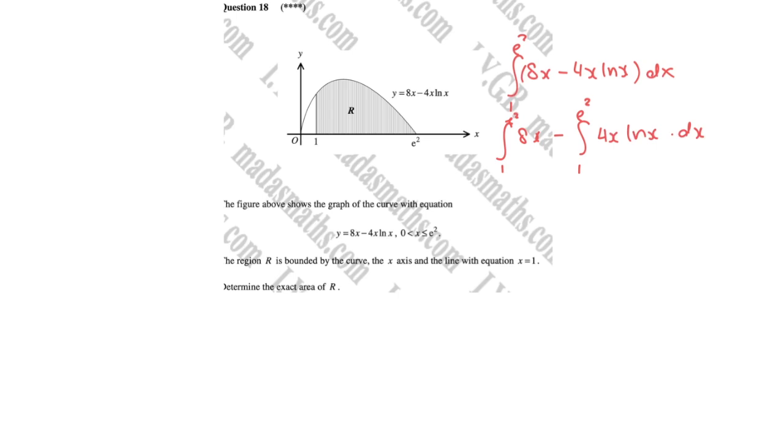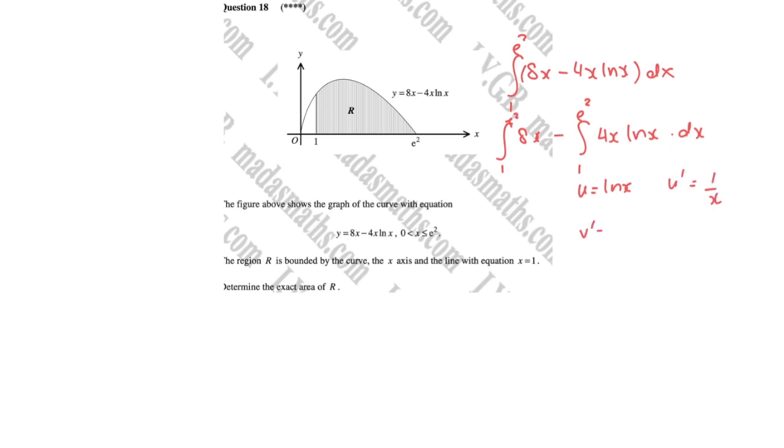So what should be my value of u? Ln x, absolutely. Remember the LATE rule. Because we have logs, you choose u to be logs because they can't be integrated. So u is ln x, and therefore u dash is 1 over x.